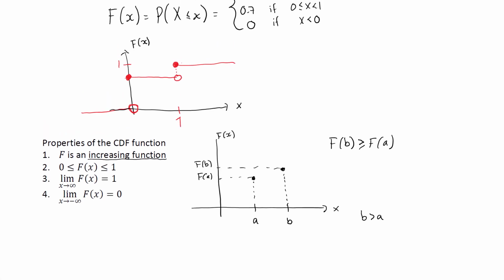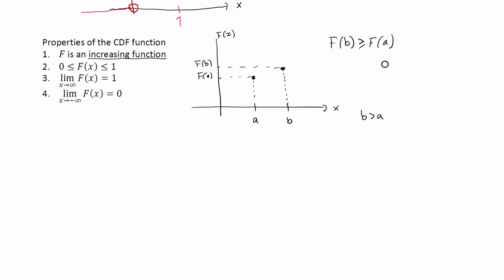We can see in the example that we just considered that we do indeed get an increasing function. It's not hard to realize why that must be the case. It's simply because of the definition. This simply says that the probability that X is less than or equal to b must be greater than or equal to the probability that X is less than or equal to a.